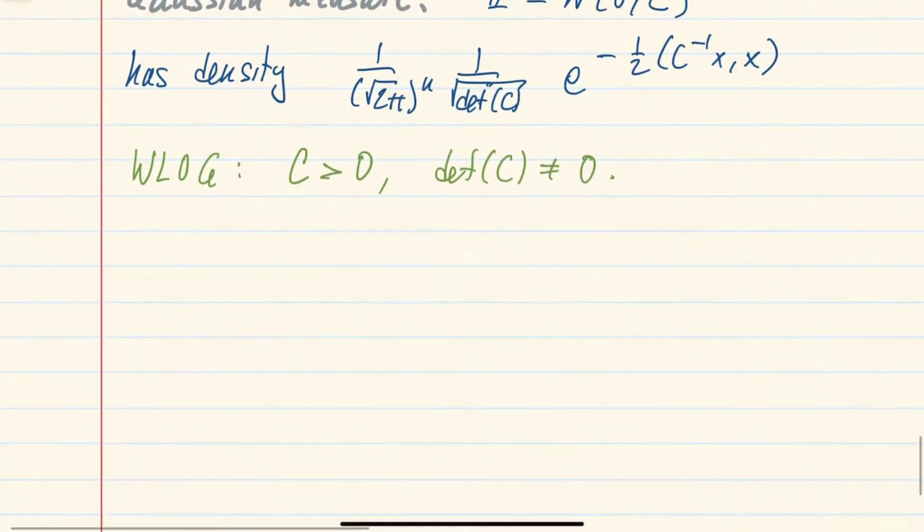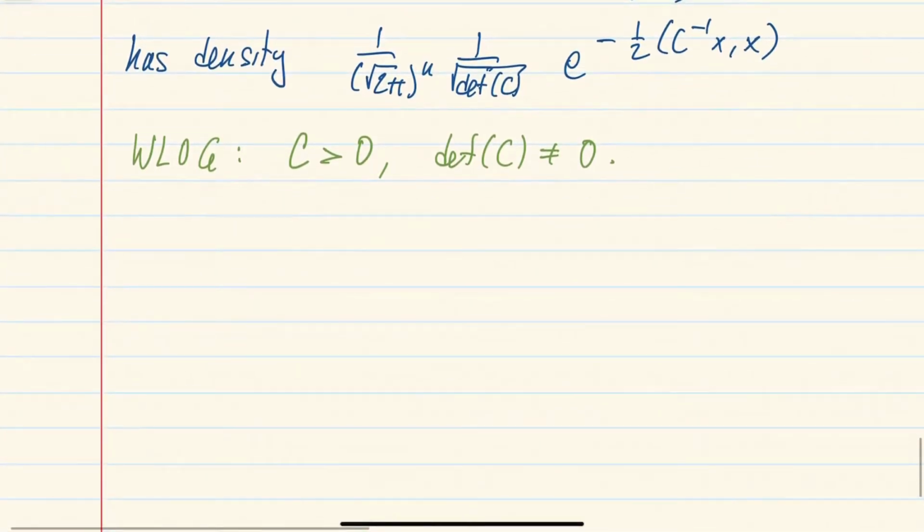And so without loss of generality, we can assume that we're already on this proper subspace, so the covariance matrix is non-degenerate. In particular, we will write this density above as e to the minus V of x.